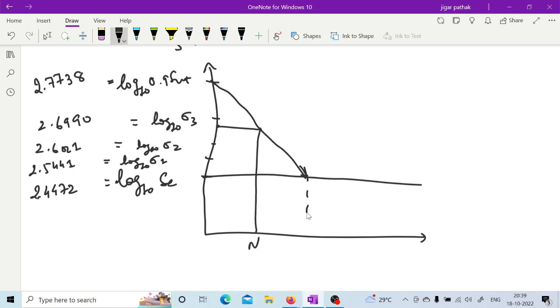So you can write an equation for this n in terms of what we can say this. So basically this log 10 n you can keep as it is, right?